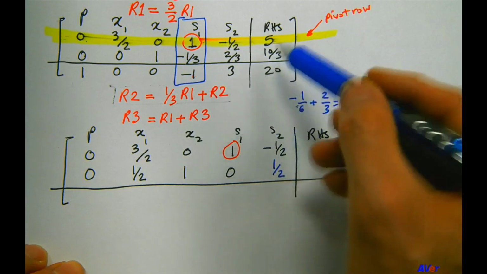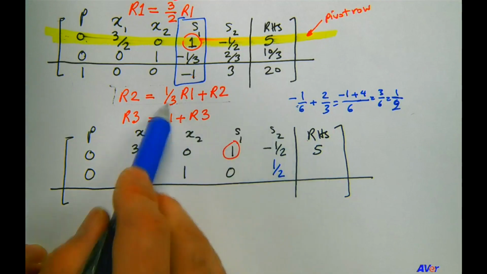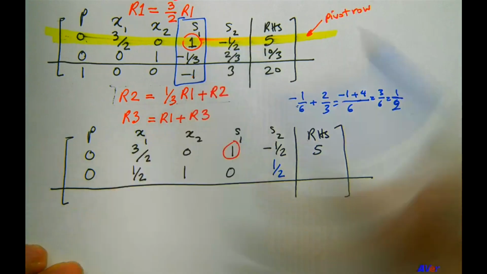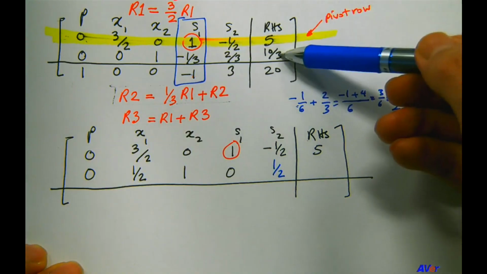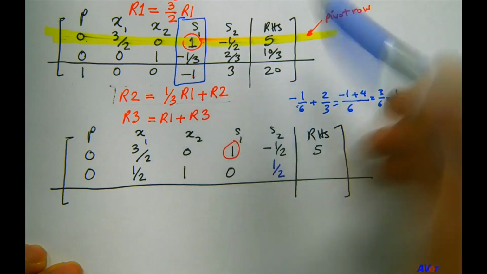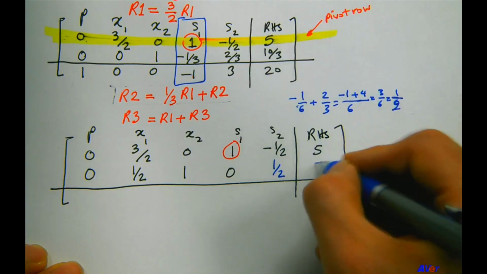Okay, so we have one more number to get, which would be that one. It's still blank, right? So 1/3 times 5, that's 5/3. 5/3 plus 10/3, which is what this is saying, plus row 2. 5/3 plus 10/3, that's 15/3, which is 5.